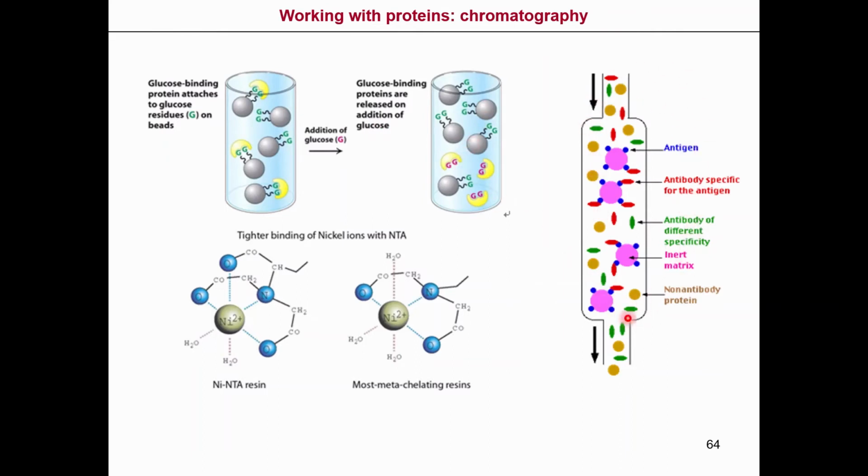The more common affinity column is a column with antibody. So you have your antibody grafted onto the gel, and you put all your proteins, and only the proteins which interact with the antibody, so the antigen of interest, can be bound to the beads, and all the other proteins will be removed from the column or released from the gel.